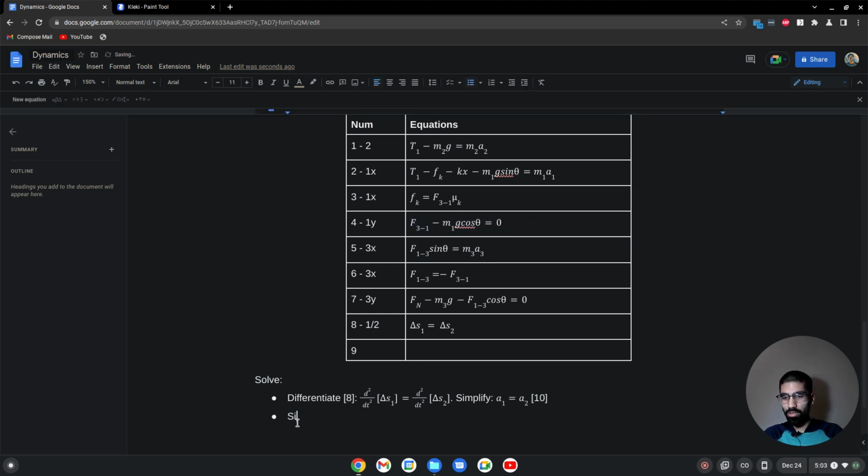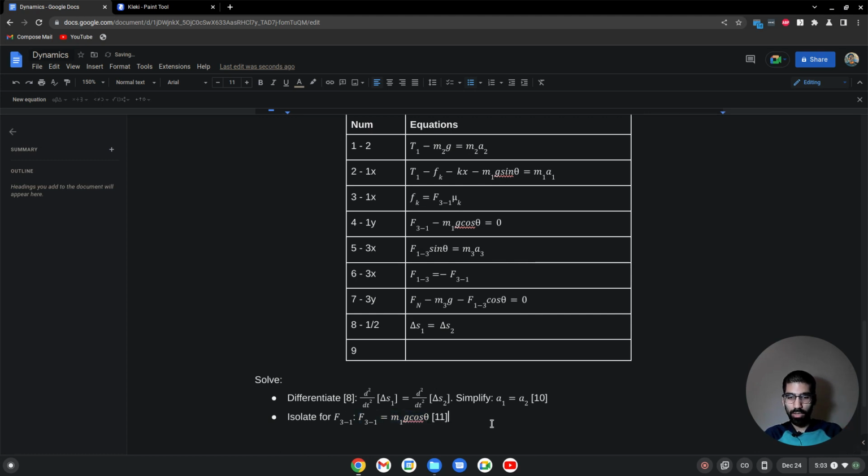So let's isolate for F3 onto 1 in equation 4, and what we're going to get by adding that second term on both sides is that these two things are equal.